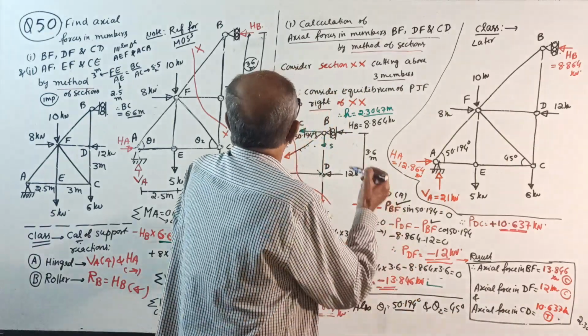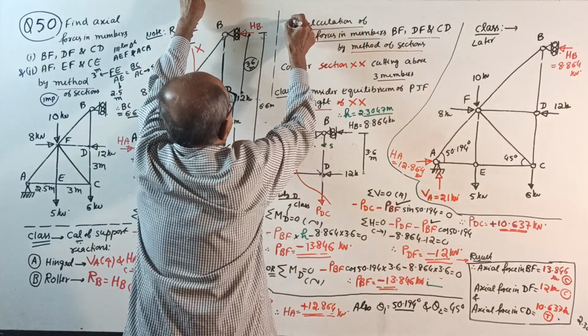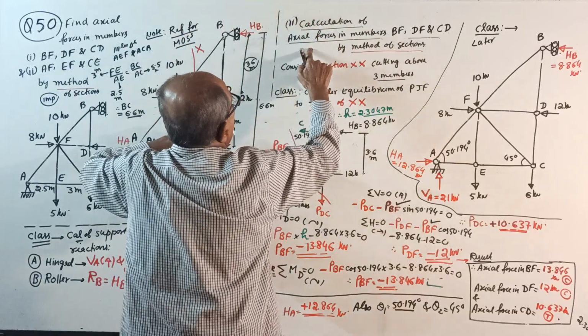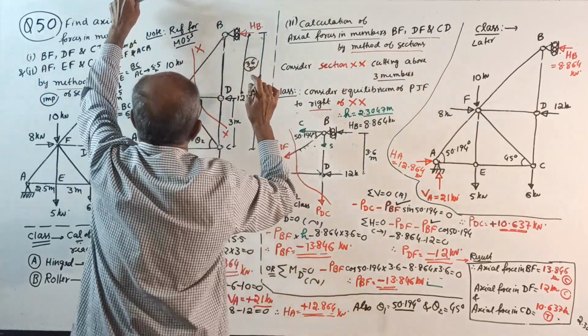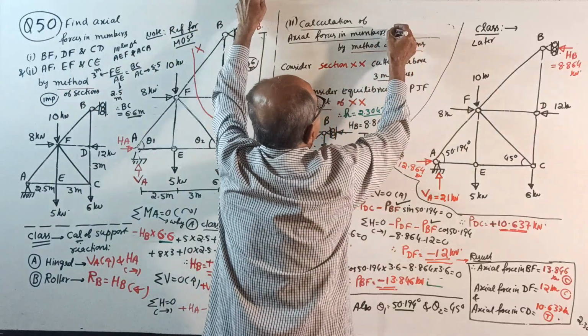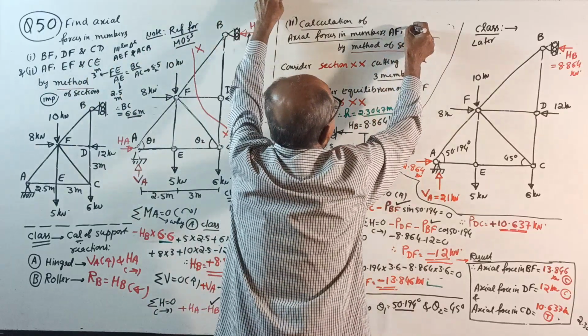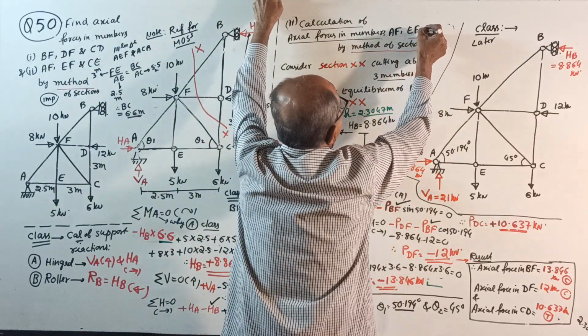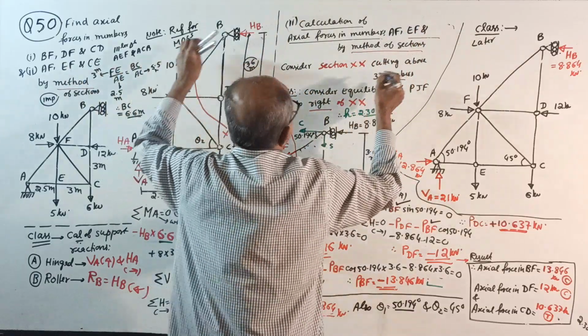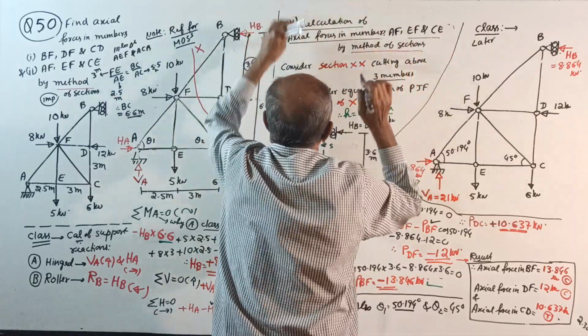Okay, which one now? Second one. I'll finish now. Calculation of axial force in the members. Which ones do they want? AF, after AF, EF, and CE, by method of sections.